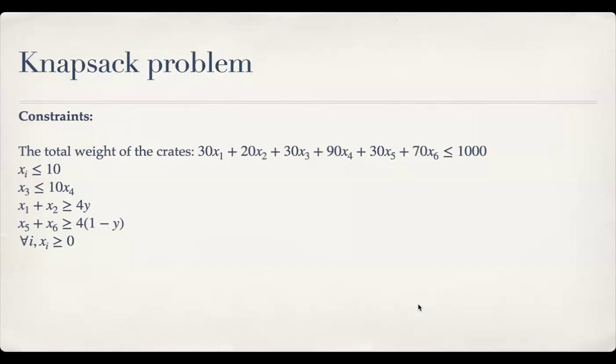If y is 0, then we ignore the first condition, because x1 plus x2 is greater than or equal to 0, which is always true. And the second one is x5 plus x6 is greater than or equal to 4, right? Because this becomes 0.